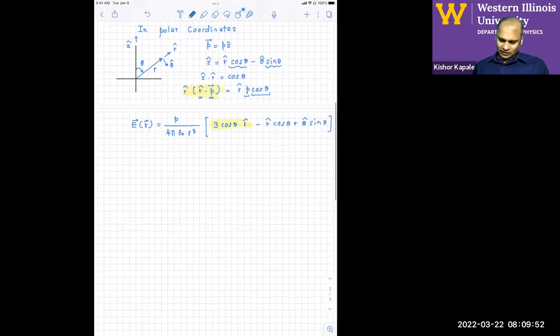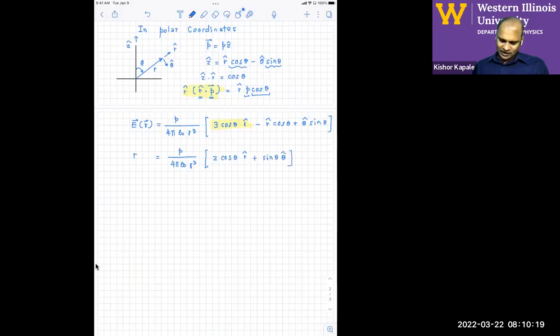And then you can combine the r hat cosine theta terms, and then you get p over 4 pi epsilon 0 r cubed, 2 cosine theta r hat plus sine theta theta hat.